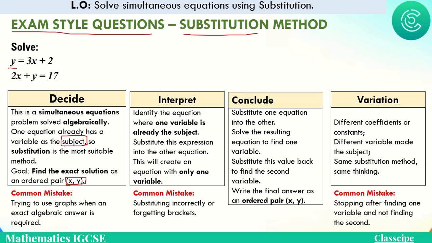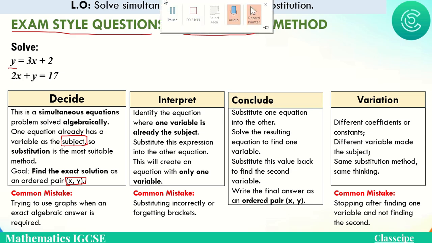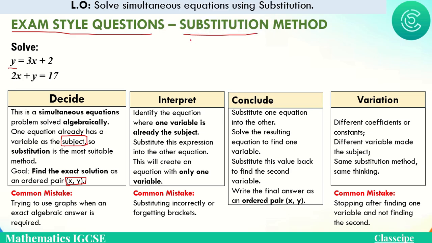Now, what are the common mistakes? Trying to use a graph when an exact algebraic answer is required. So you cannot use graphs here. What are the common mistakes that students make in interpretation? Using the brackets incorrectly. So be aware of this and be very vigilant in solving the equations using substitution method.